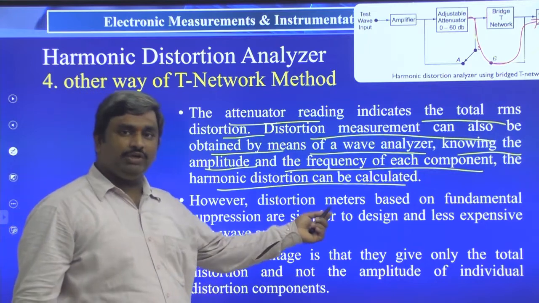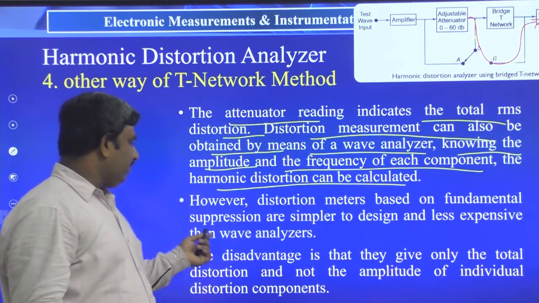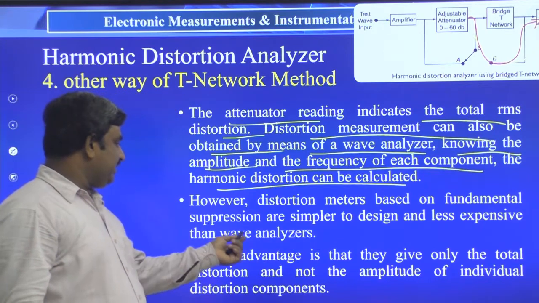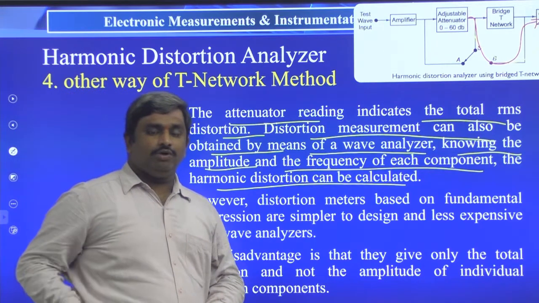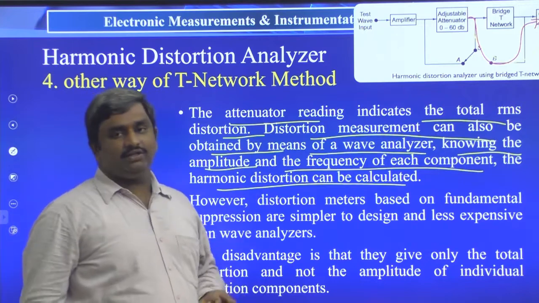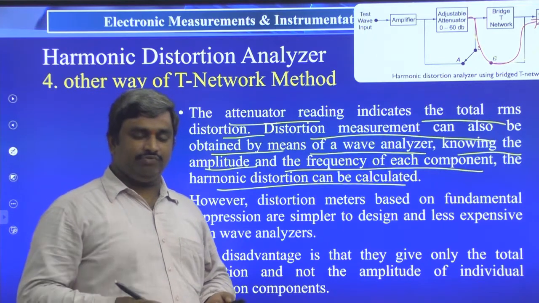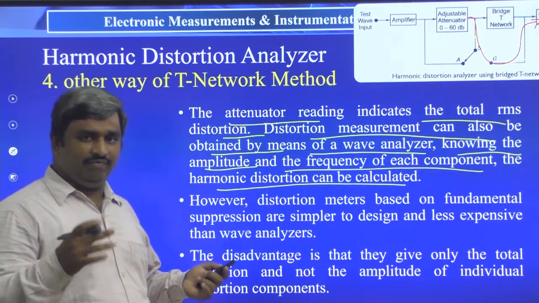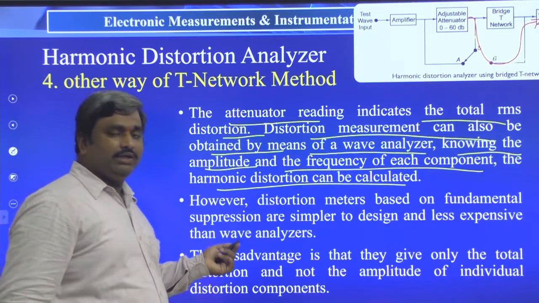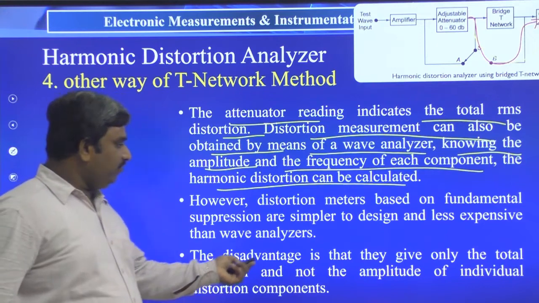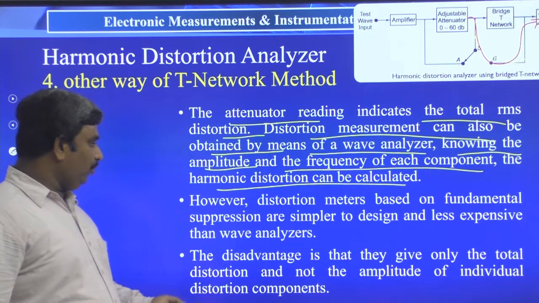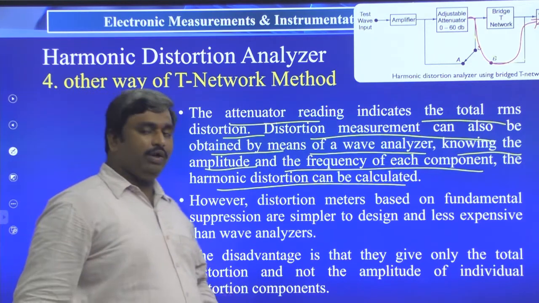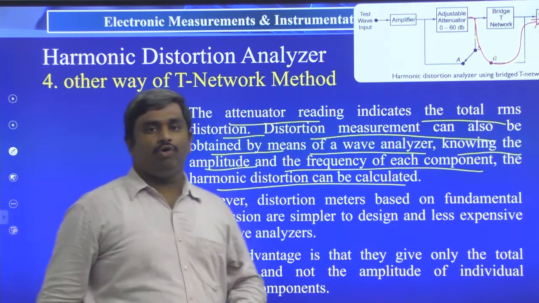However, distortion meters based on fundamental suppression are simpler to design and less expensive than the wave analyzer. The disadvantage is that they give only the total distortion and not the amplitude of the individual distortion components.